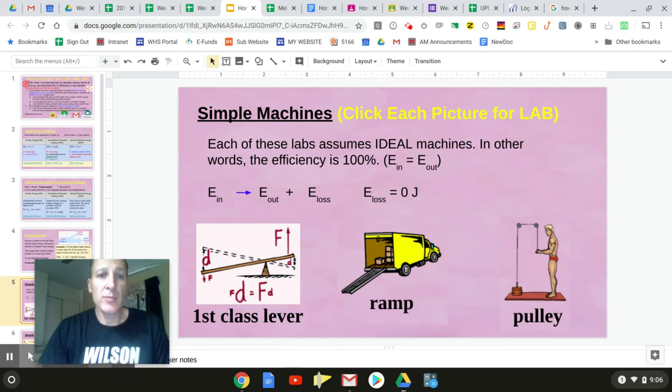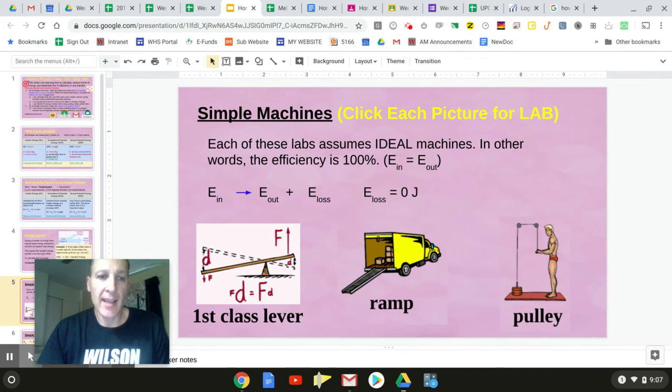Now, simple machines, all right, we're going to focus on first-class levers, ramps, or inclined planes, as well as pulleys. Their purpose is to allow you to lift an object at a lower force than what you would need without the simple machine. However, it does not allow you to do less work.